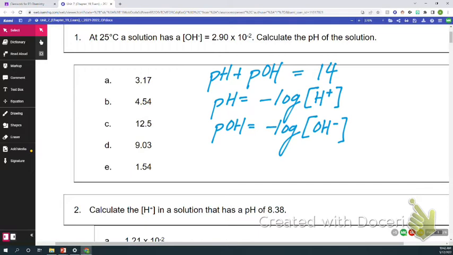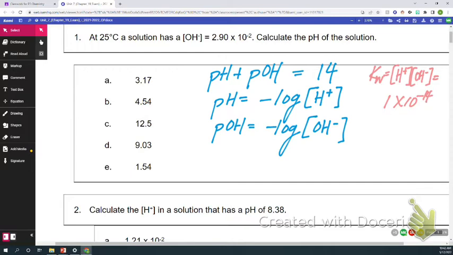Some other ones that are on your equation sheet, which I'll write in pink here, that you didn't really use that much, is the KW equation. And that's the H plus concentration multiplied by the OH minus concentration is always equal to a constant. It's the constant 1 times 10 to the negative 14.